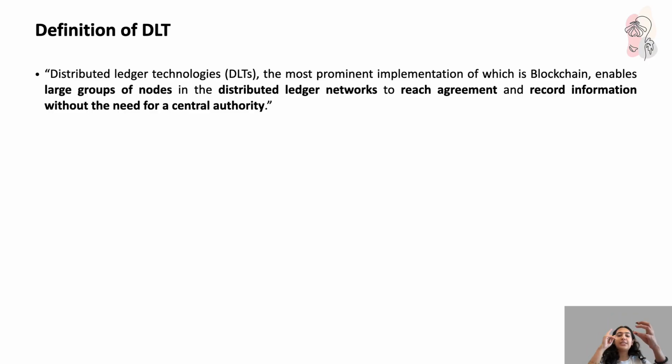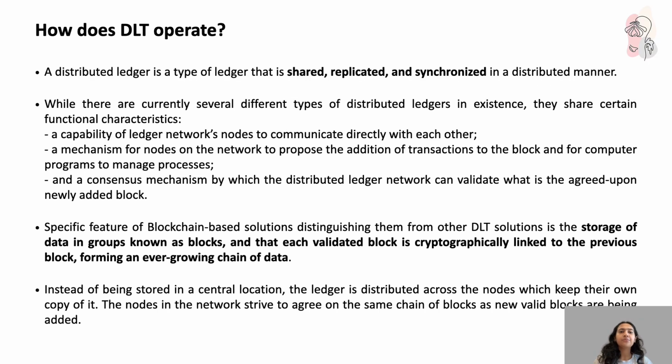Distributed ledger technologies have two important parts, and they are the same for blockchain as well. It should be decentralized. We need not have any central authority governing everything. And second, all the nodes in the network need to reach an agreement, a consensus, to tell which transaction is valid and which one is a malicious transaction.